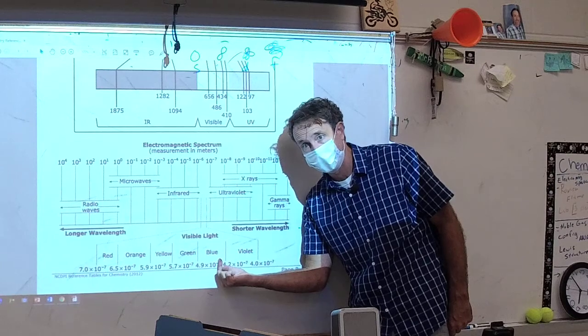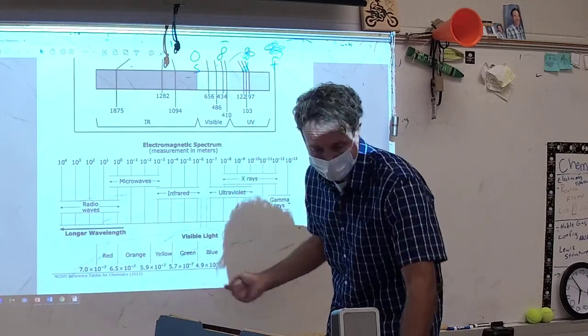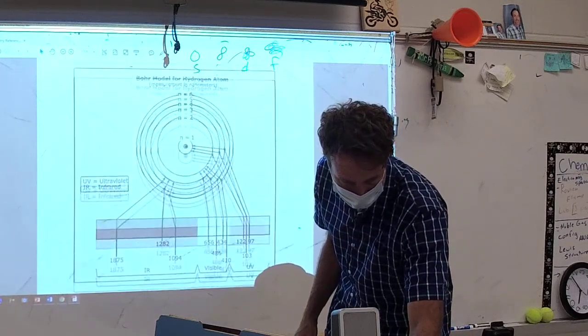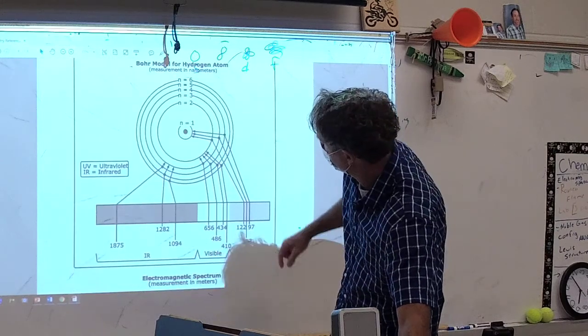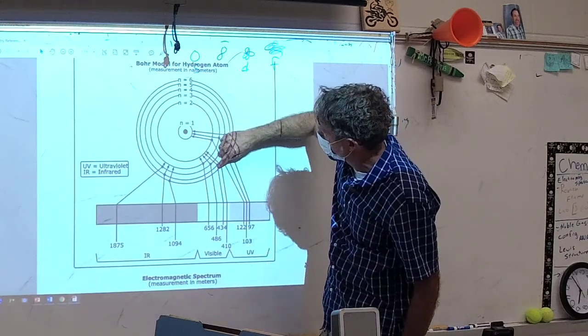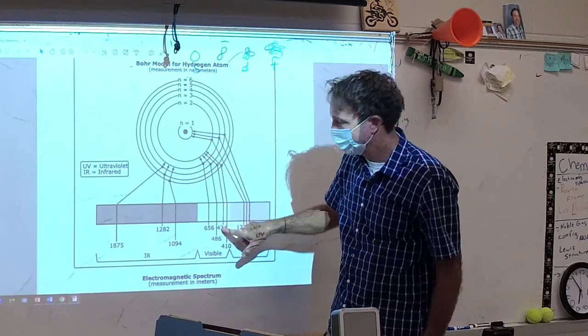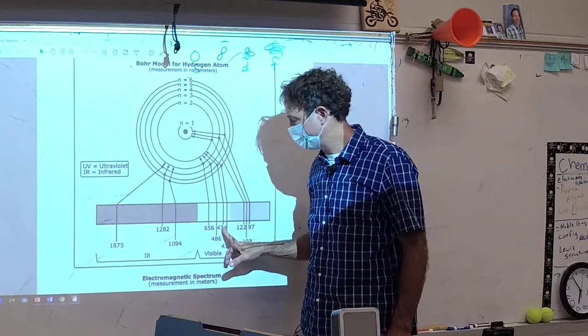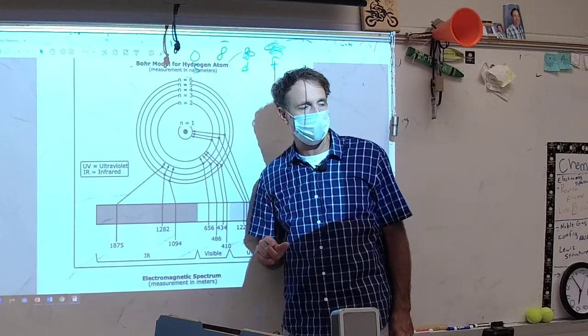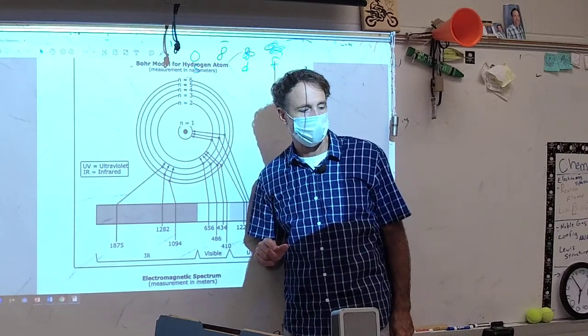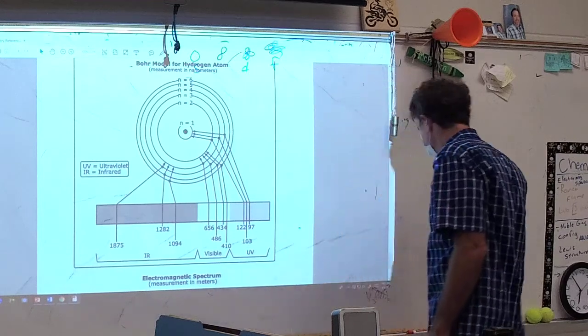Blue. That's right. So if an electron in a hydrogen atom were to fall from energy level 5 to energy level 2, it would give off blue light with a wavelength of 434 nanometers. Does that make sense?